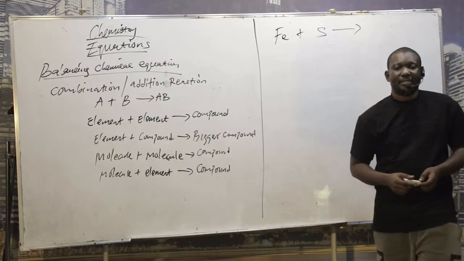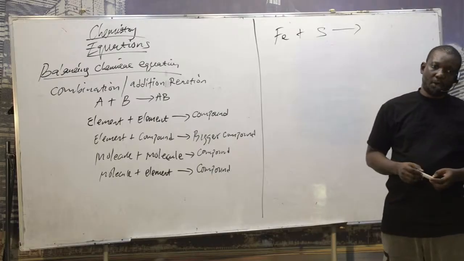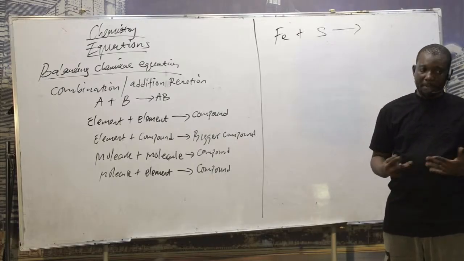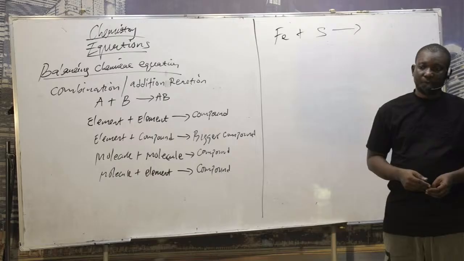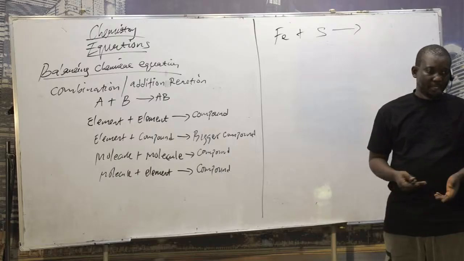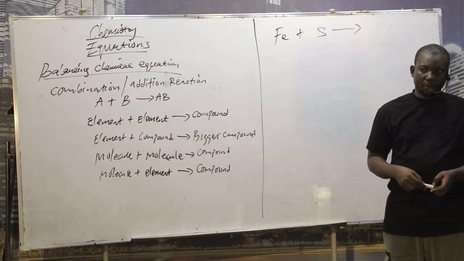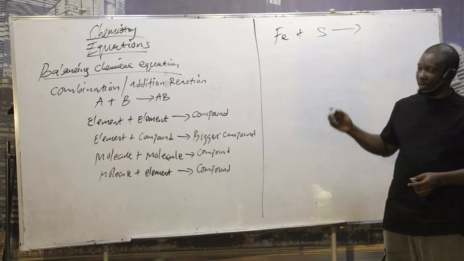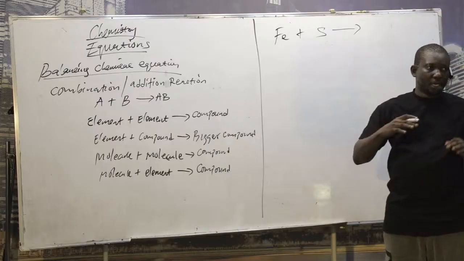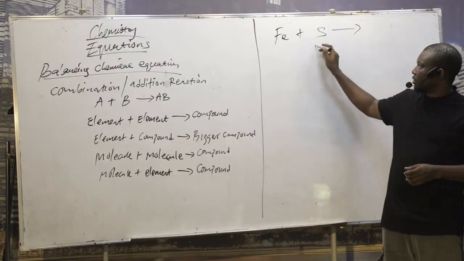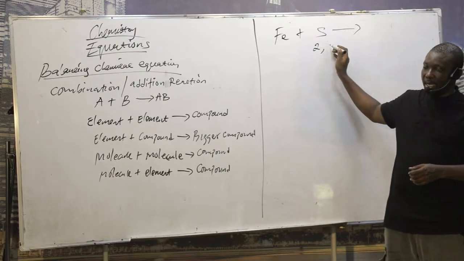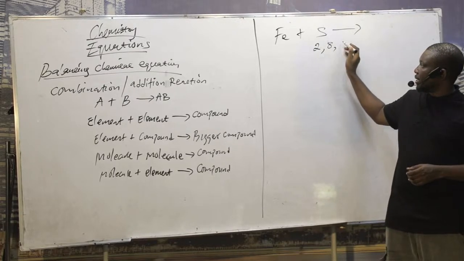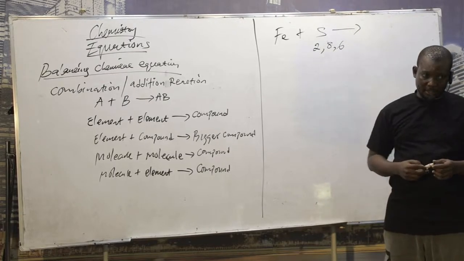All right, listen. You should know that sulfur is one element we are familiar with, as sulfur is within the first 20 elements. So it will be very easy for me to analyze sulfur and deduce that sulfur tends to form an arrangement or configuration of 2, 8, 6.